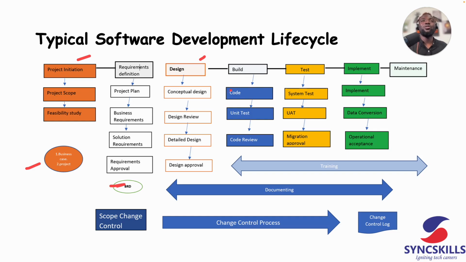So they would start to code or build the application, and as part of their coding standard as developers, they need to typically write unit tests. A unit test is a form of validation at the code level to check that what we're building is correct, is right.